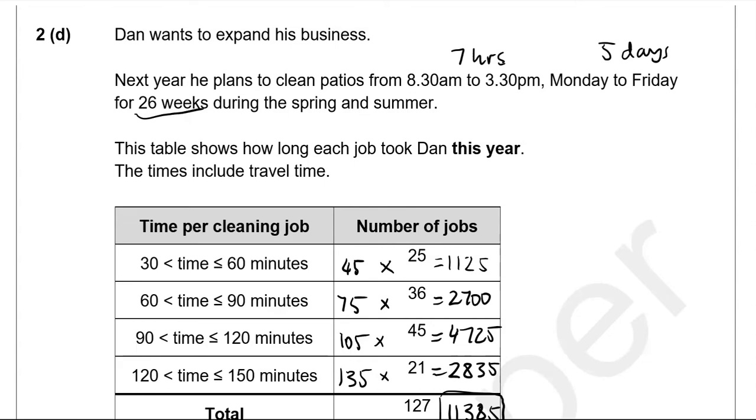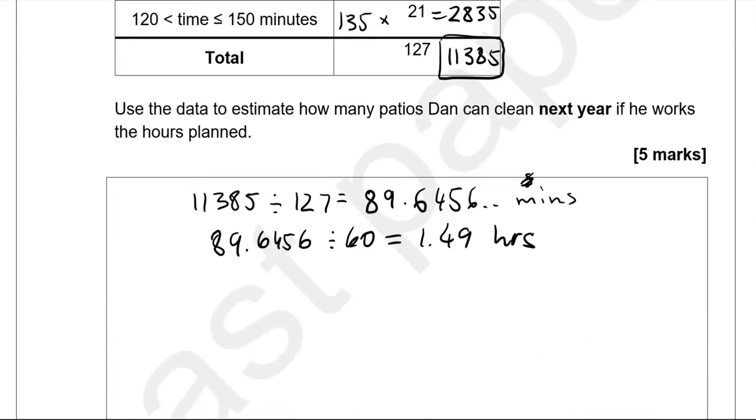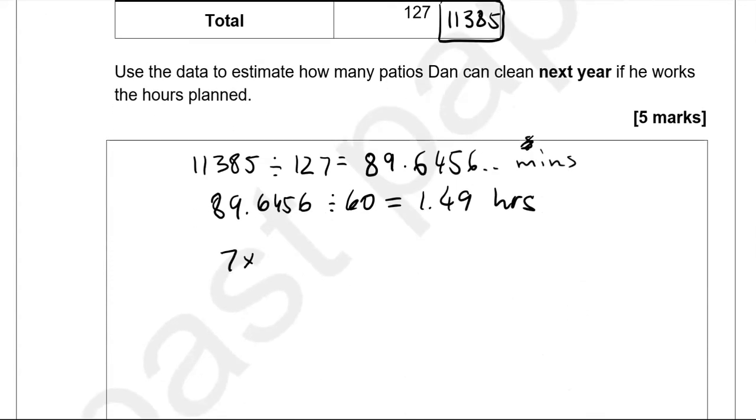So if we multiply 7 by 5 by 26, should give us the total number of hours. So 910 hours he plans to work for the whole year.